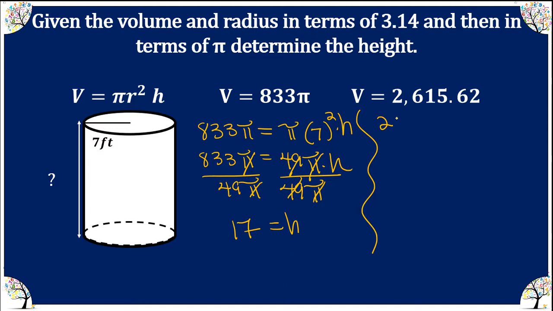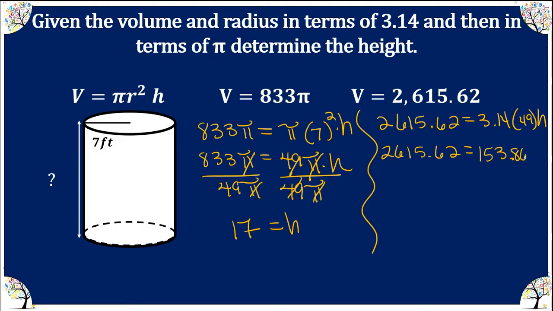We can see that we will get the same answer when we have calculated in 3.14. 3.14 times 49 equals 153.86 times h.